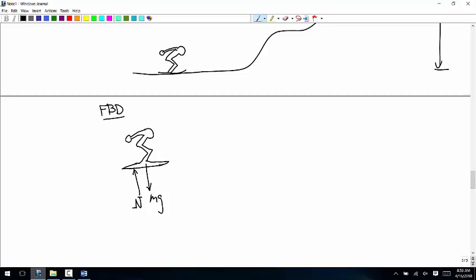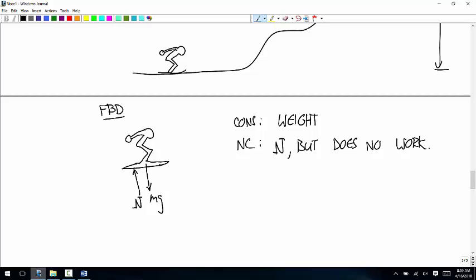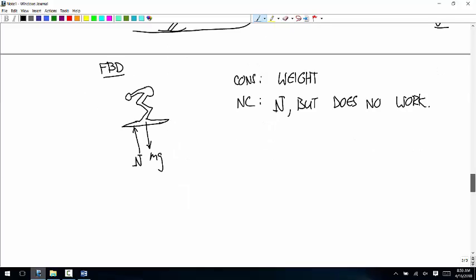There's no friction in part A. And so conservative forces have the weight. Non-conservative, you have the normal. That doesn't do any work. And so we can use conservation of mechanical energy. So what are going to be our two instants? Instant 1 and instant 2.